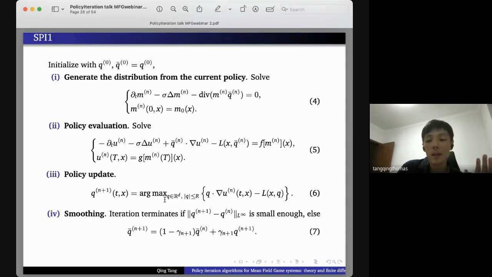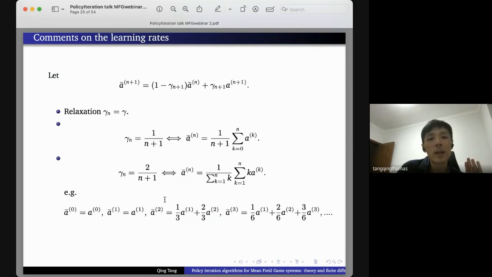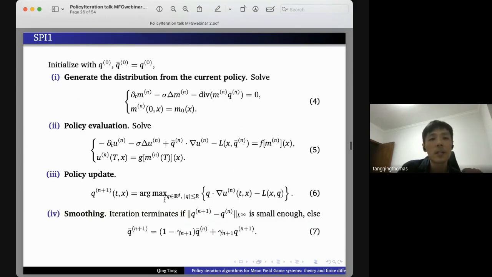Now I start to develop the two smooth policy iteration algorithms. One is SPI1. It's like this. I start with the policy, I get a distribution, and I solve the HJB equation, linearized.